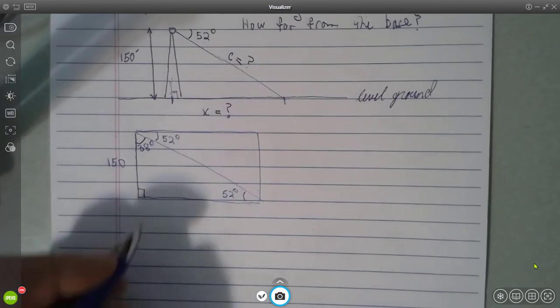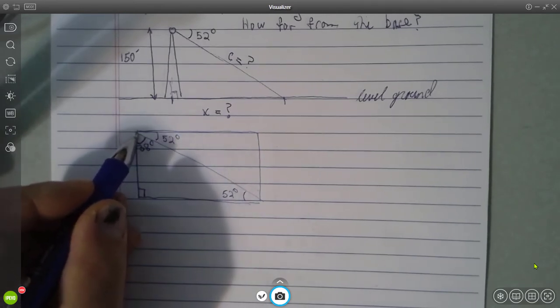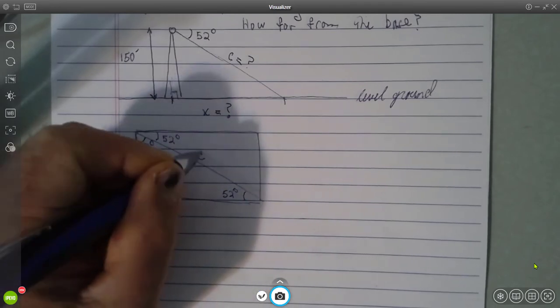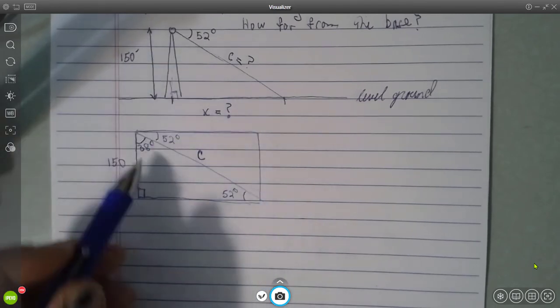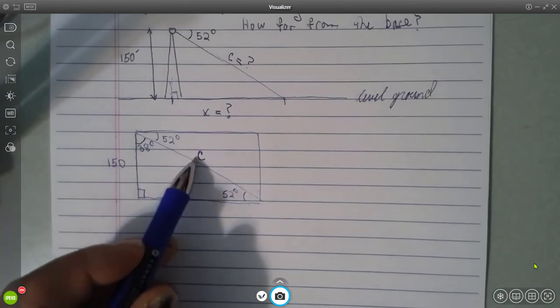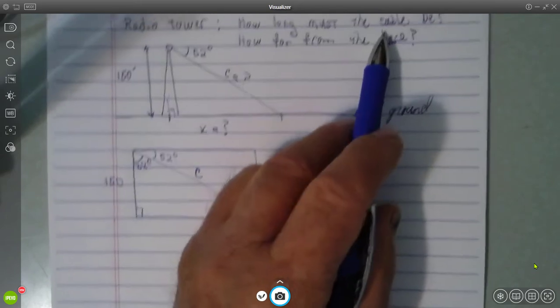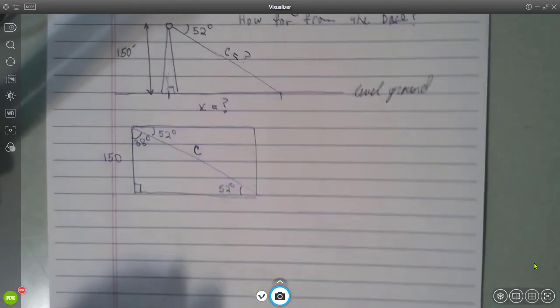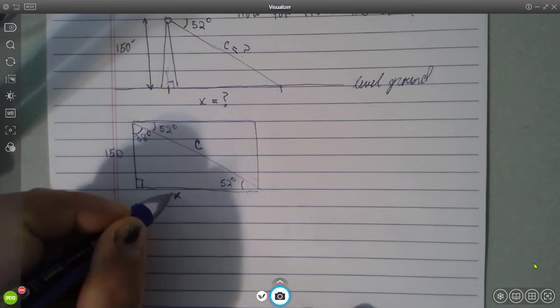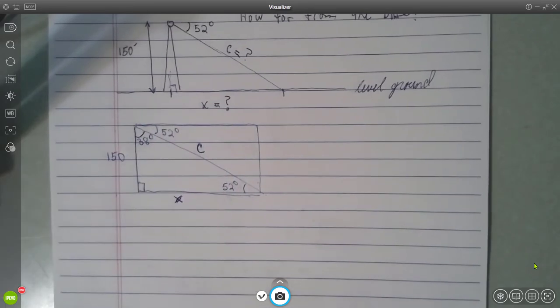What we would like to be able to do is to compute this distance along the line of sight. We'll call that C, because it's a hypotenuse of a right triangle. We usually call that C. Or you could think of it as the length of the cable that we're trying to compute here. And I'll call this X because it's a horizontal distance, and we often call that X.